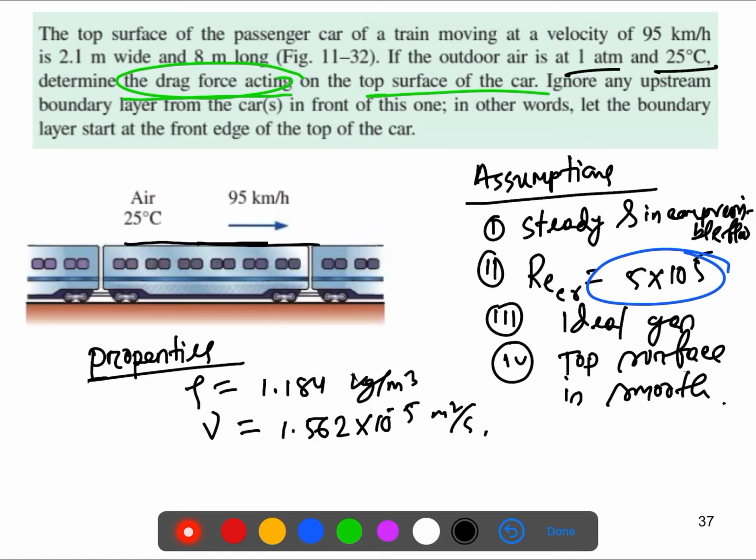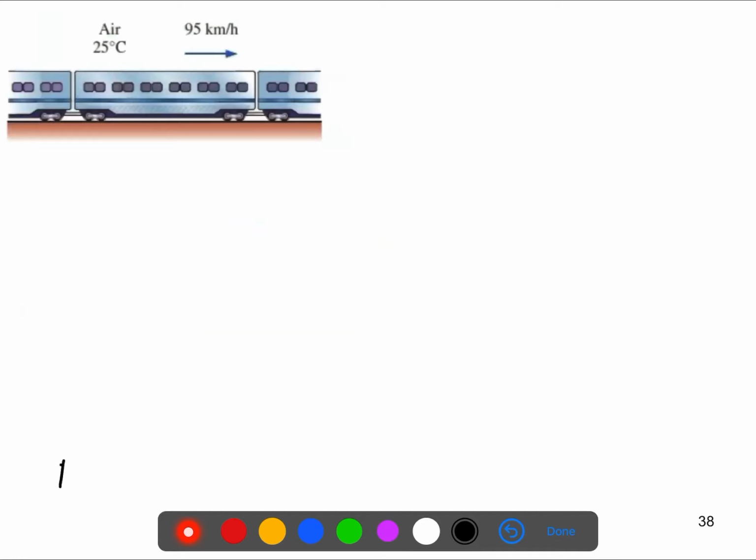Now let's calculate the Reynolds number to see whether the flow is laminar or turbulent. If you ask why we are calculating the Reynolds number: we need the drag force. We know the drag force in this case is about the friction coefficient, so FD equals CF, the area A, rho V square over 2.